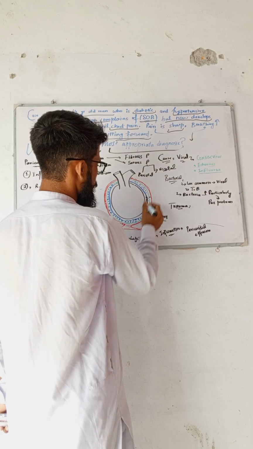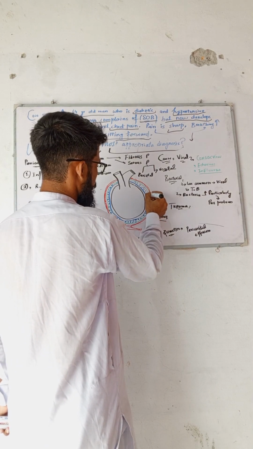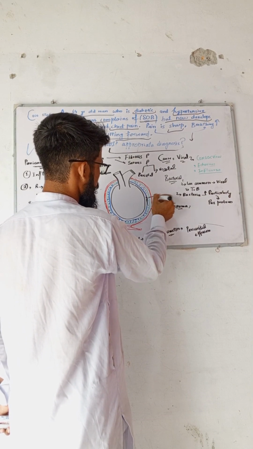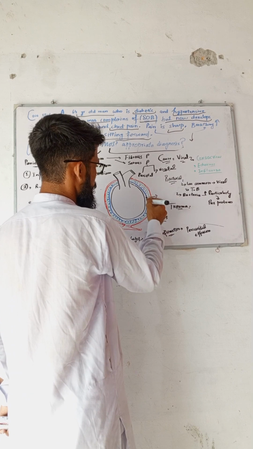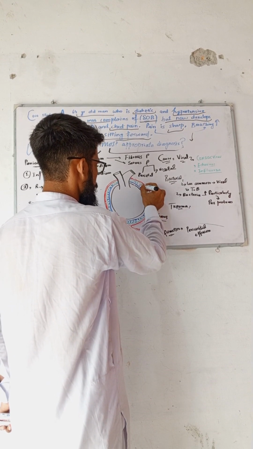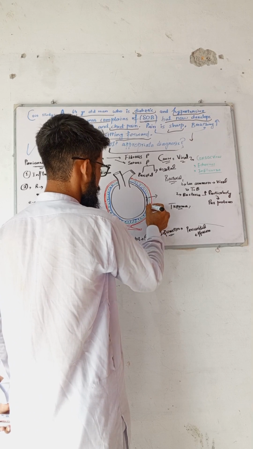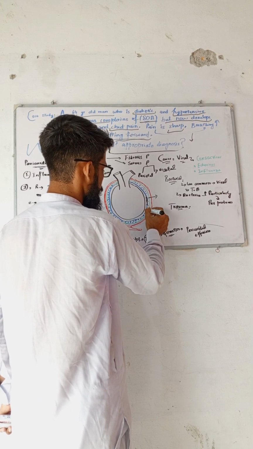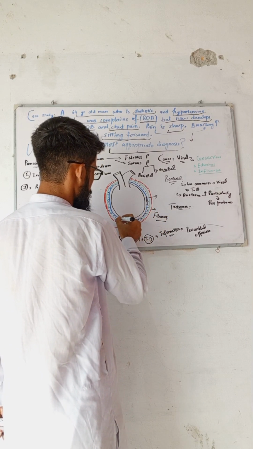In between these two layers, the parietal layer and the visceral layer, there is fluid.